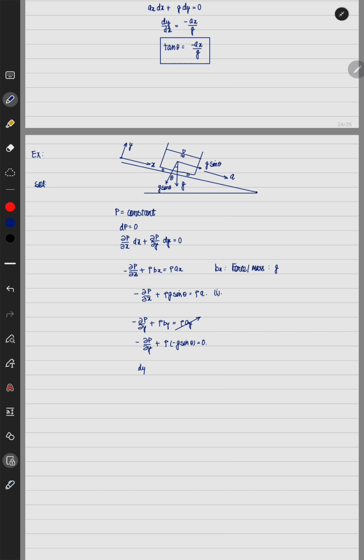So dy by dx is equal to minus del p by del x divided by del p by del y. Del p by del x is given by rho into g sine theta minus rho into a, divided by del p by del y, which is given by minus rho into g into cos theta.